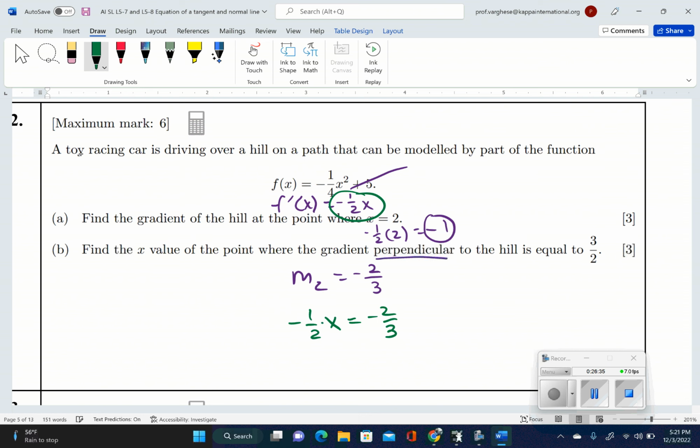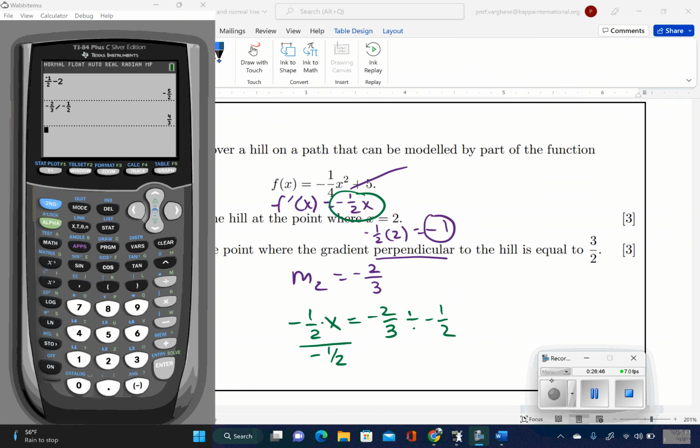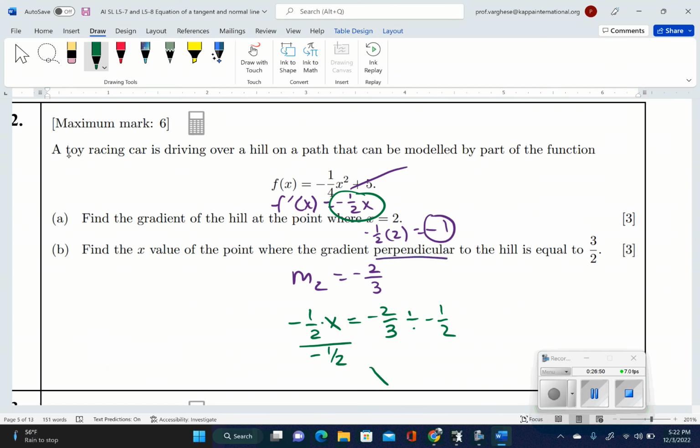This is multiplication, so to get the x by itself, I'm going to divide both sides by negative 1/2. When I plug that into my calculator, I get 4/3. So x is equal to 4/3. Okay, that's my x value.